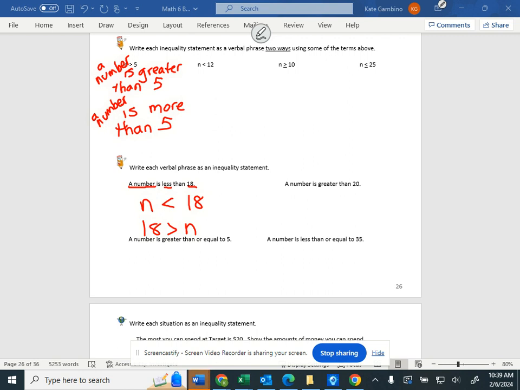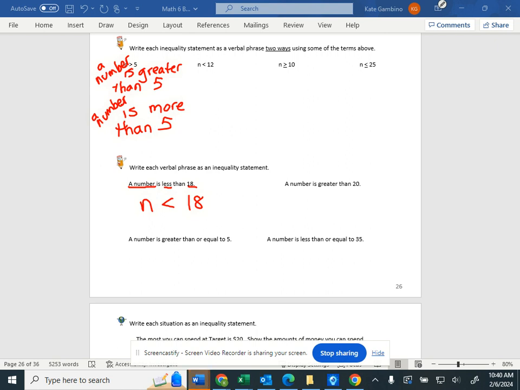It means the same thing, but we're not putting this specific statement into our inequality. We're doing a different verbal phrase. That would be 18 is greater than n. We can't flip it. We have to put exactly what the verbal phrase is telling us. So if it's telling us to use the less than symbol, we have to use the less than symbol. Okay? That was a good question.